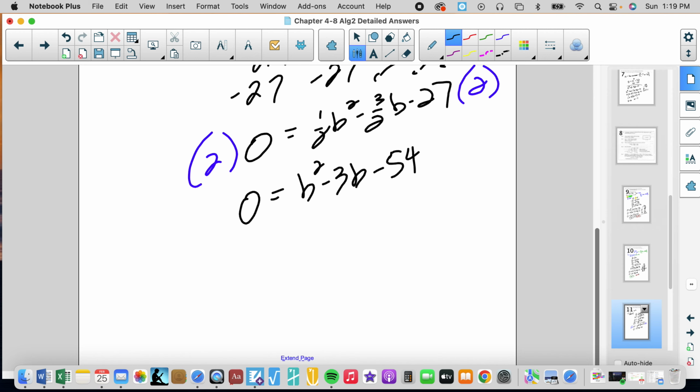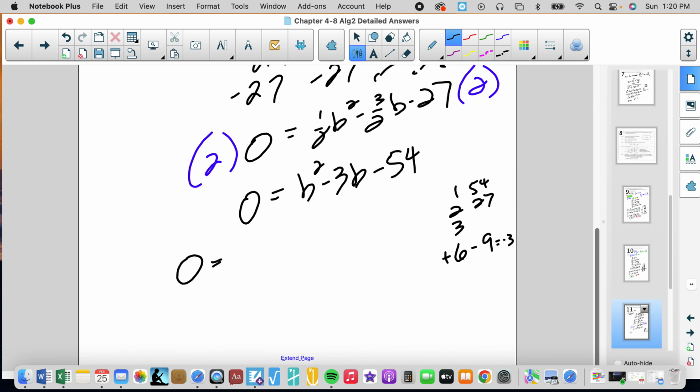Now, factors of 54 when subtracted equal 3. 1 and 54, 2 and 27, 3, yes, 9 and 6. Yeah, 6 and 9. Bigger's negative this time. I need a negative 3 as my middle.